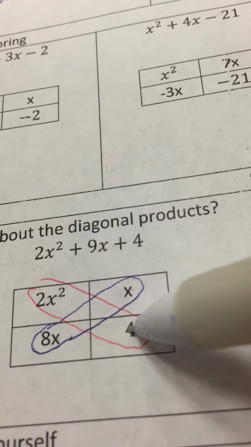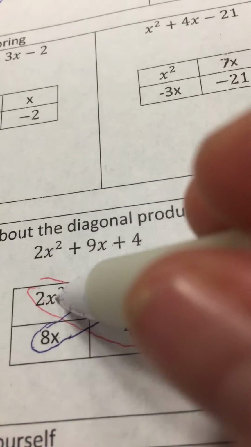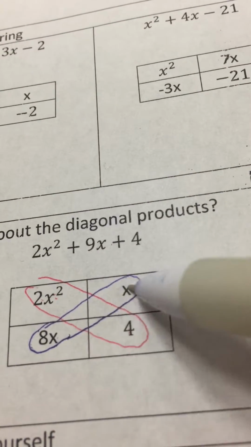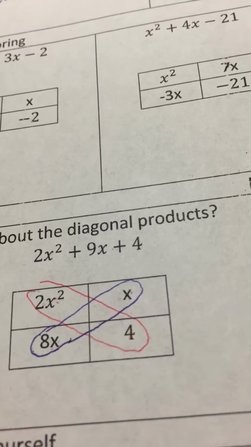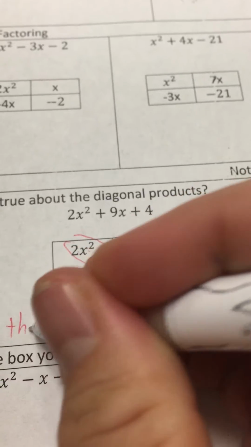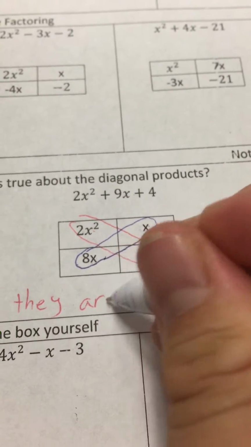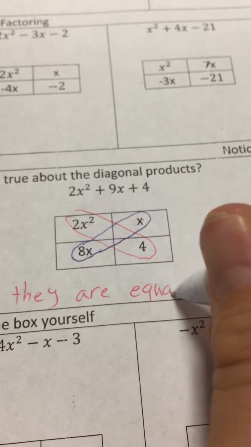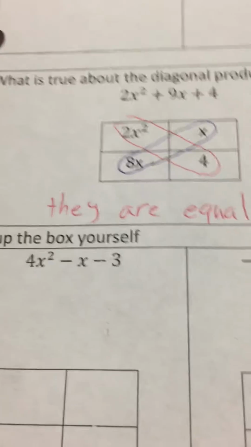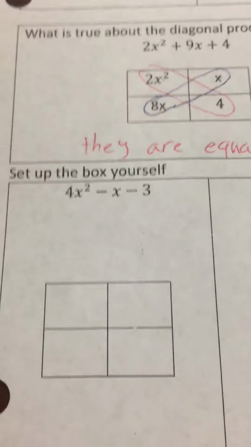So 2x squared times 4 is 8x squared. 8x times x is 8x squared. So their diagonal products are equal. And this will help us a lot when we're setting up our generic rectangle.